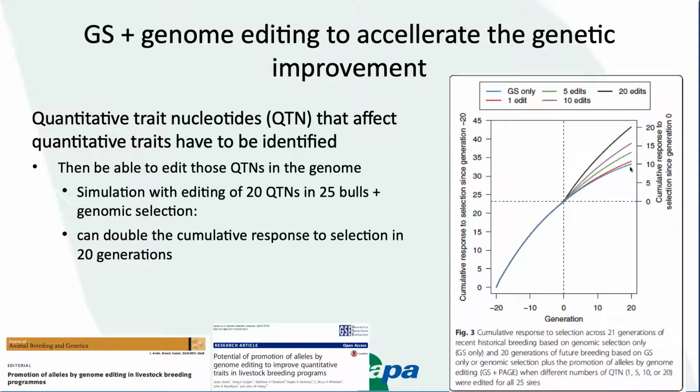The blue line is genome selection only, and the black line at the top is genome selection plus 20 edits. So you can double the cumulative response to selection. For instance, in our Gyr breeding program here, we use progeny testing plus genome selection. So now what we want, as a long-term goal, is to use progeny testing and genome selection together with genome editing.